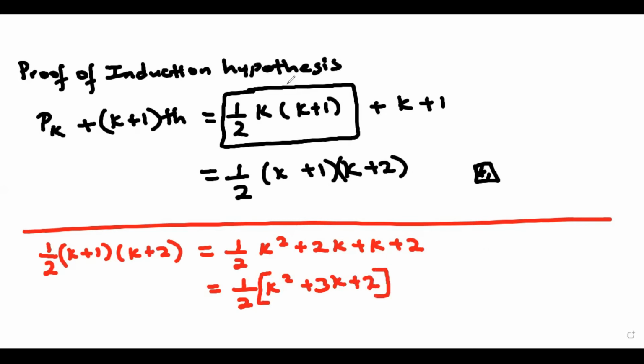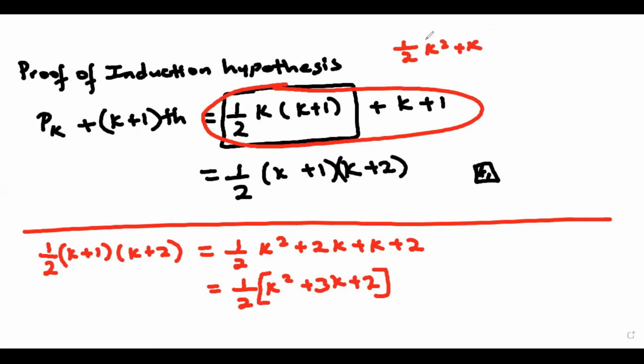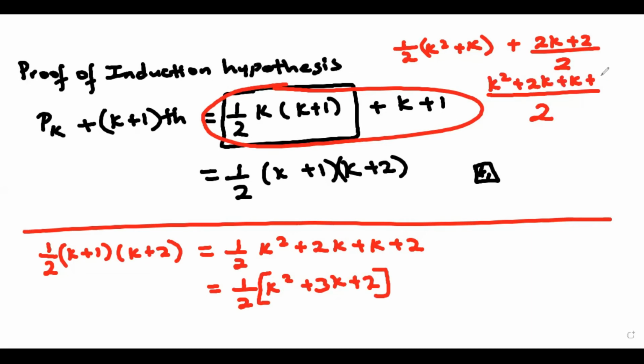Now, if we were supposed to expand this part, we would get half k squared plus k plus 2k plus 2 over 2, because you'd have to find the LCM. So when you now group, you'd have k squared plus 2k plus k plus 2, which is k squared plus 3k plus 2 all over 2.